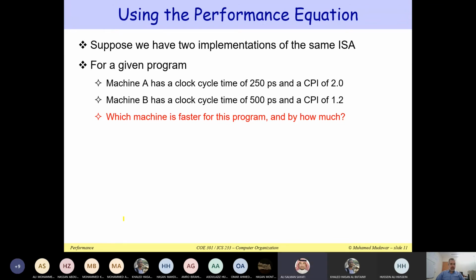Can you tell me how? It's the same CPI, it will be? No. What does it mean, this statement, to have 2 implementations of the same instruction set architecture? We're not really changing the instruction set architecture, we're changing the implementation. So how can we have 2 implementations of the same instruction set architecture?